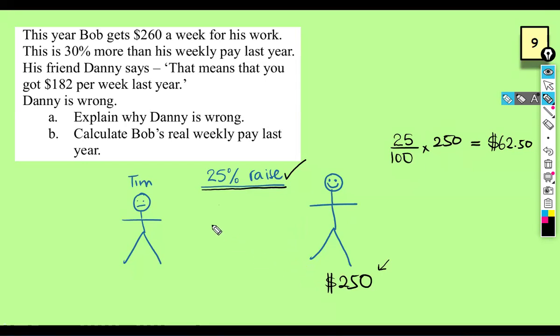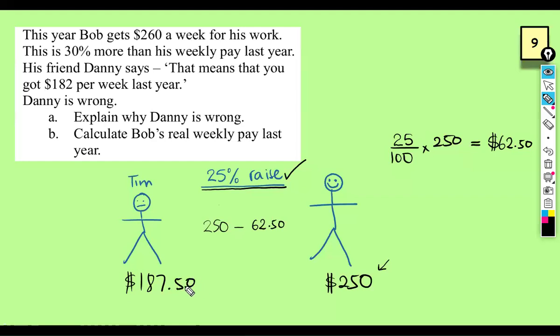So common sense would say, to figure out how much Timmy had in the first place, you would take 250 minus $62.50, right? If we did that, would we get back the $200? Well, what do you all think? We're not going to get back. Check it on the calculator. 250 minus 62.5, we get $187.50.